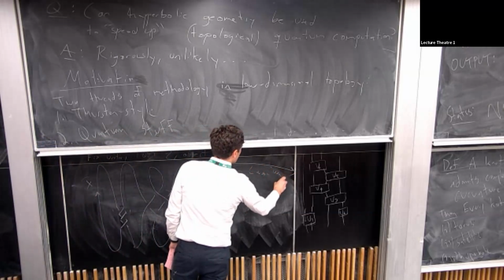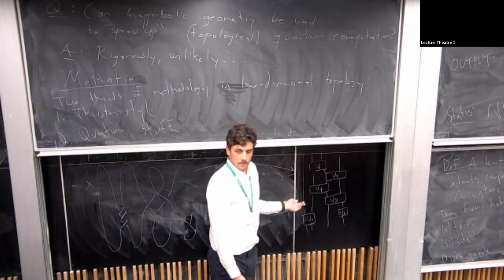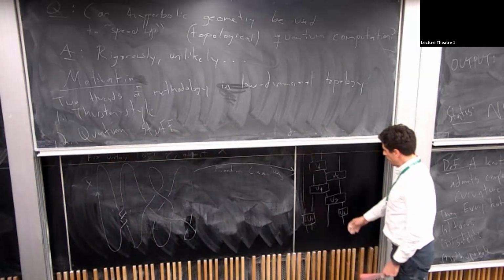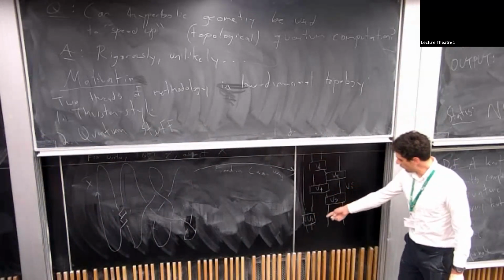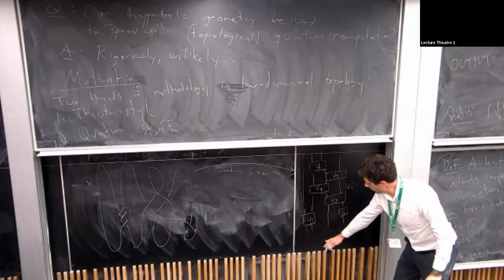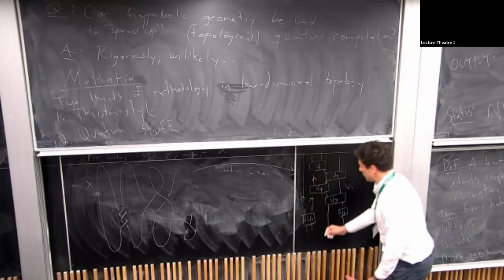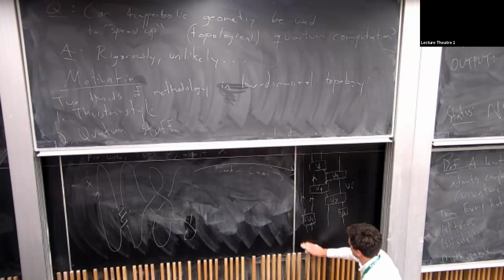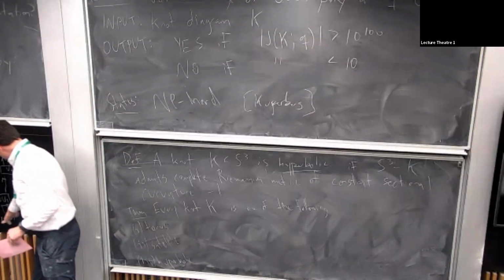Over here, this is just a little cartoon of a quantum circuit. A quantum circuit is a bunch of unitaries, all these U_i, unitaries on a pair of qubits. Each of these strands represents a qubit. You should read the diagram from bottom up. In particular, when you do a quantum computation in BQP, you can assume that the computer's initialized so that the input qubits are all in the 0 state.